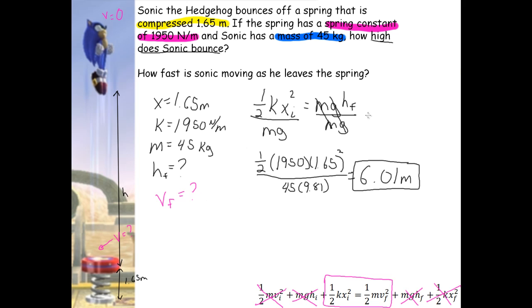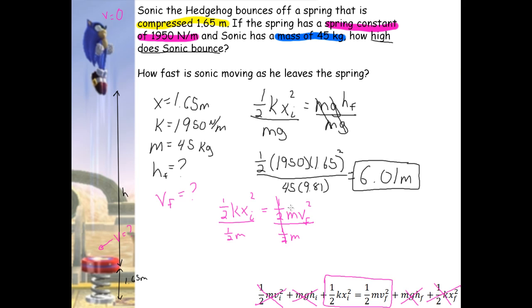So let's do that. I have 1/2 k x initial squared equals 1/2 m v final squared. We see that we have 1/2 m on this side multiplied by v, so I can just divide both sides by 1/2 m.